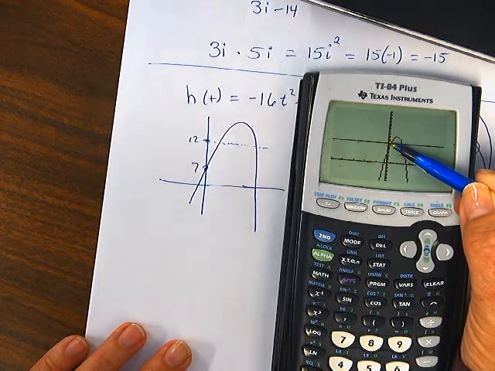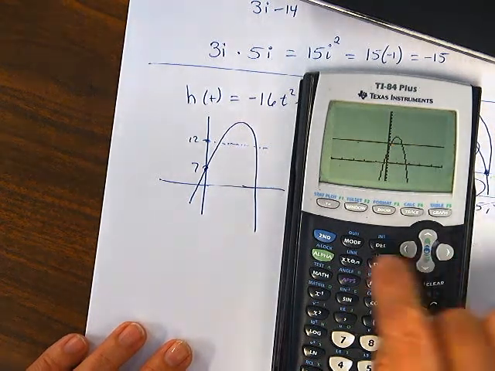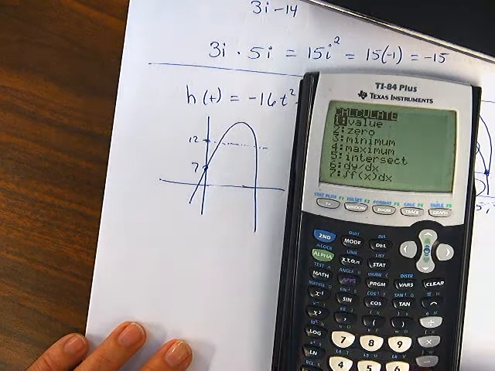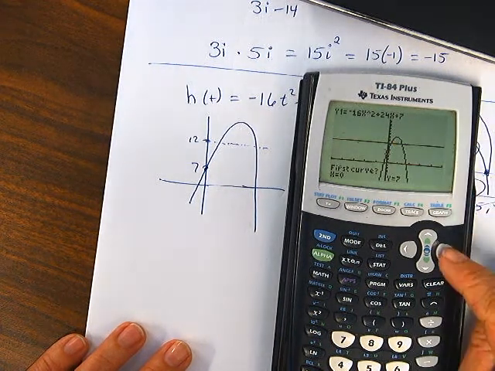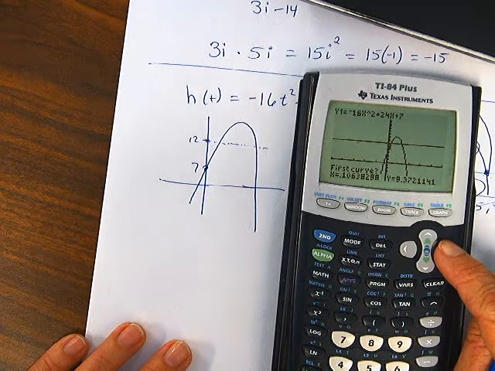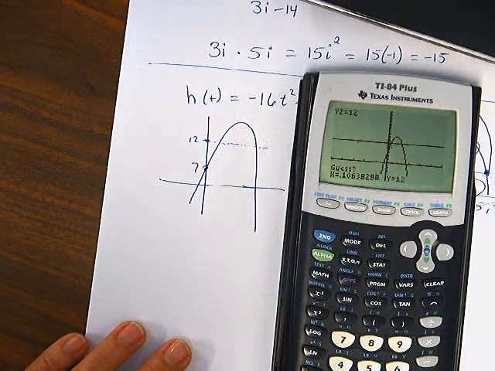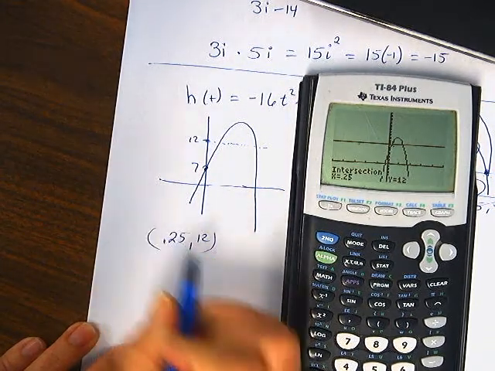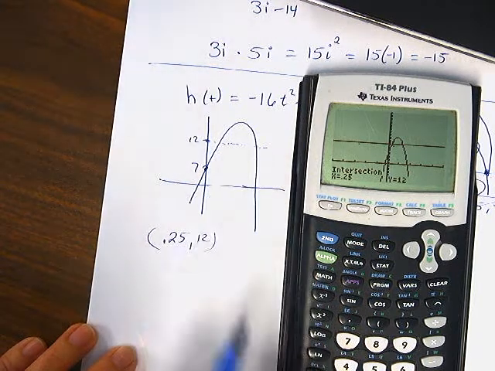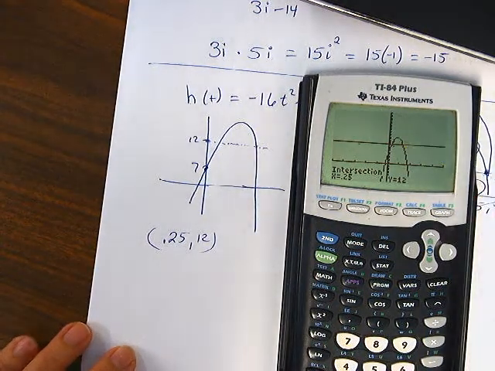So to find that intersection, hint, hint, second trace, option 5, and I want to see where those two lines intersect. So using the key, I'm going to press enter 3 times. So it intersects at 0.25 and 12. And let's see when does it come back down below 12 feet.